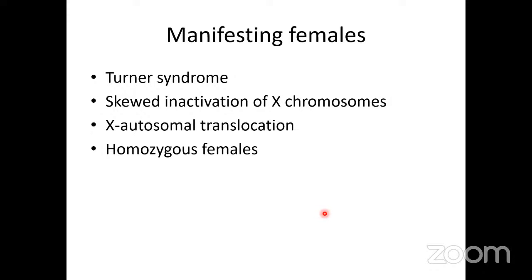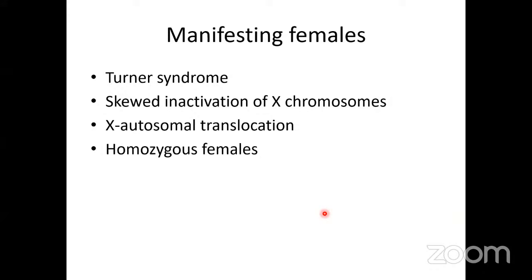When there is random inactivation, if that is skewed towards the normal chromosome, for example, more normal X chromosomes are inactivated and more of the mutant-gene-containing X chromosomes are active, it's called skewed. Inactivation is skewed towards the normal X chromosome. In that scenario, a female will manifest because more mutated genes are active in that female. So that's why she can manifest.